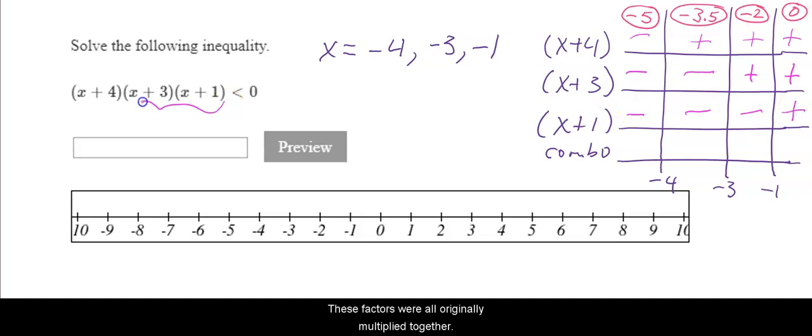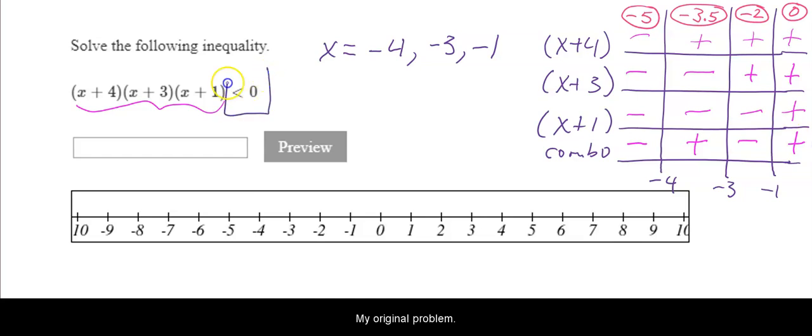These factors were all originally multiplied together. A negative times a negative times a negative is still negative. A positive times a negative times a negative is positive. A positive times a positive times a negative is negative. And 3 positives multiplied are still positive. My original problem said less than 0, which means negative.